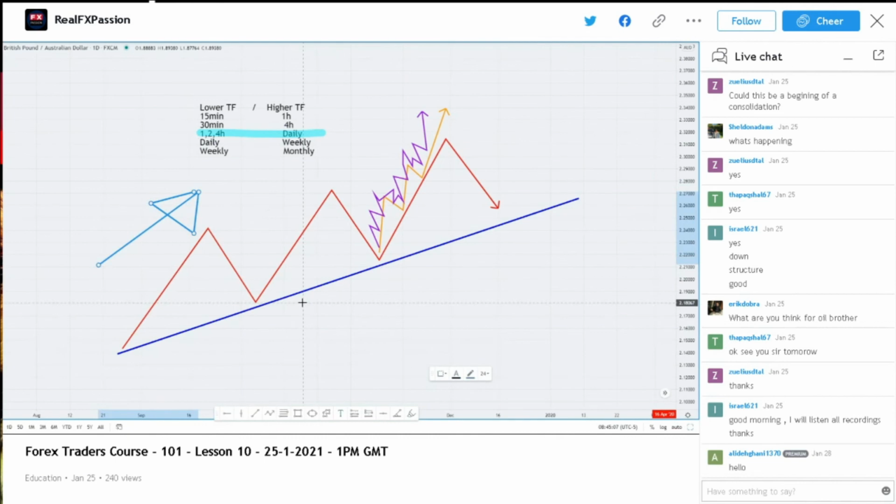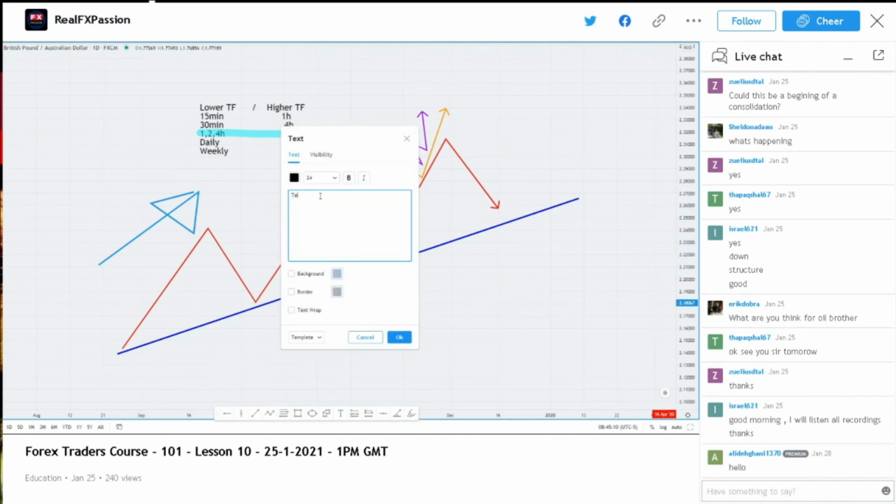Beginner traders, extremely important concept. What seems a very good entry from one time frame may not be good at all from another time frame perspective.